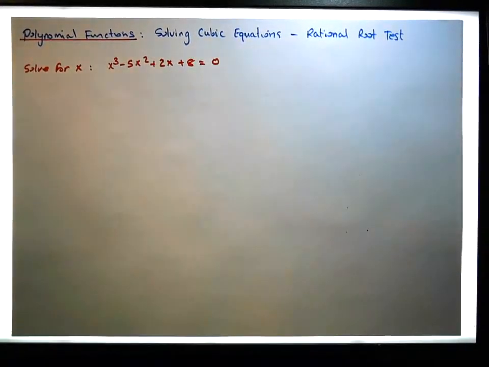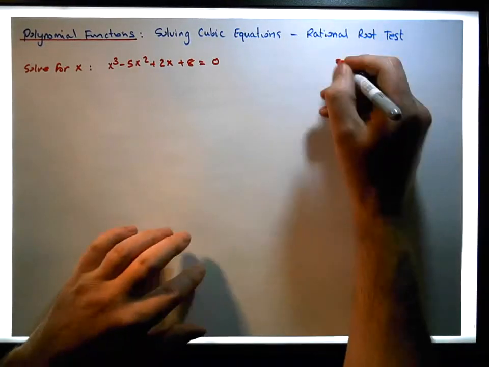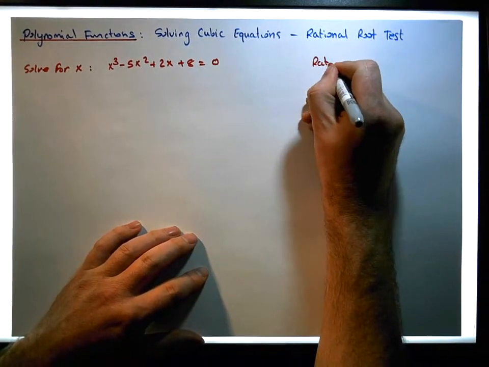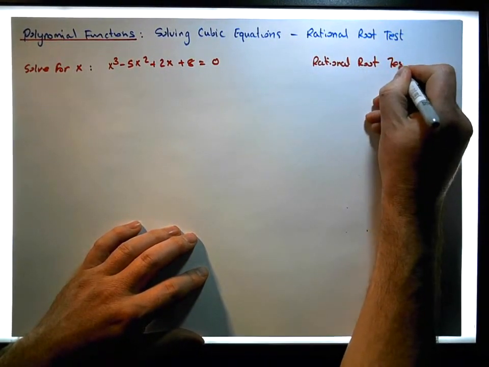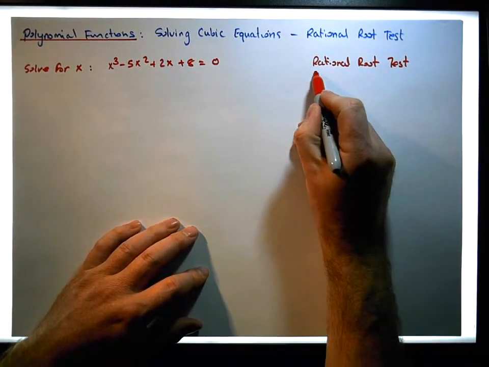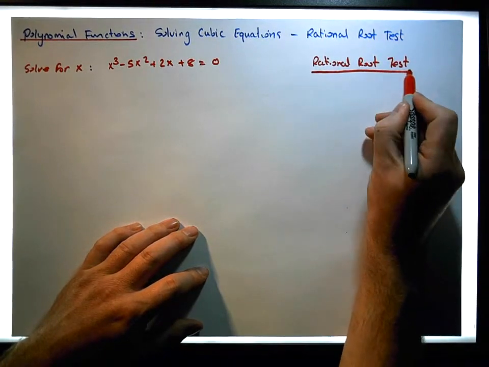We're going to use the rational root test, which allows us to identify some possible roots of the polynomial.